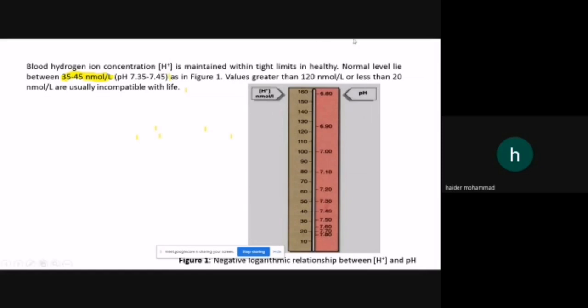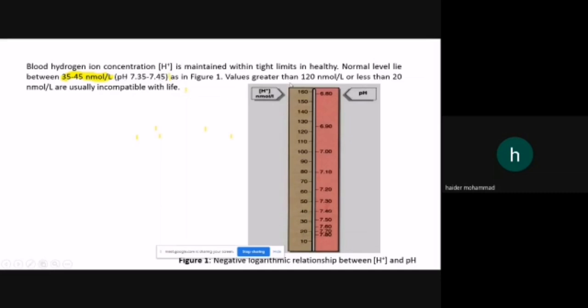Therefore we've got hydrogen ion concentration: when the proton H+ is in big brackets, it is considered hydrogen ion concentration, and the unit is nanomole per liter. So the normal value is 35 to 45 nanomole per liter.